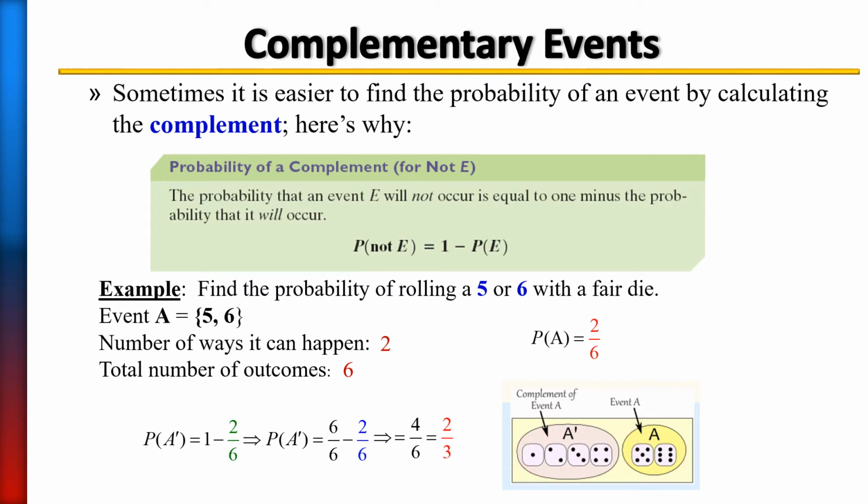And again, you can always find either event or the complement of the event by simply taking one of them and doing 1 minus that, and you'll get the opposite of it. And there you have it.